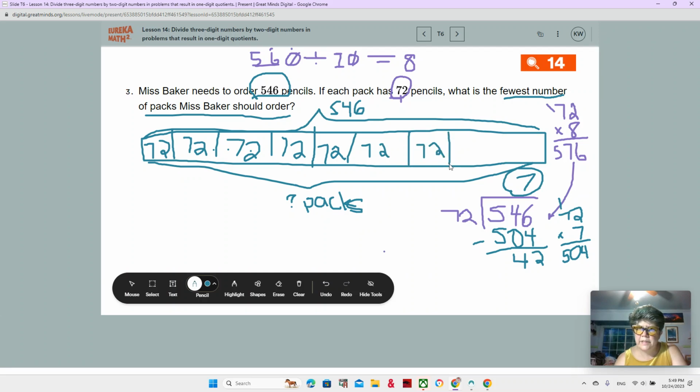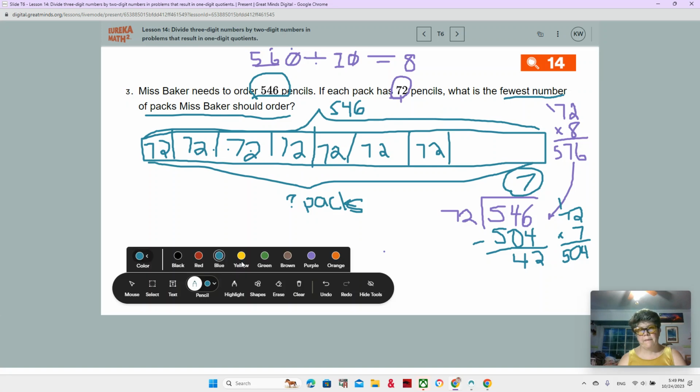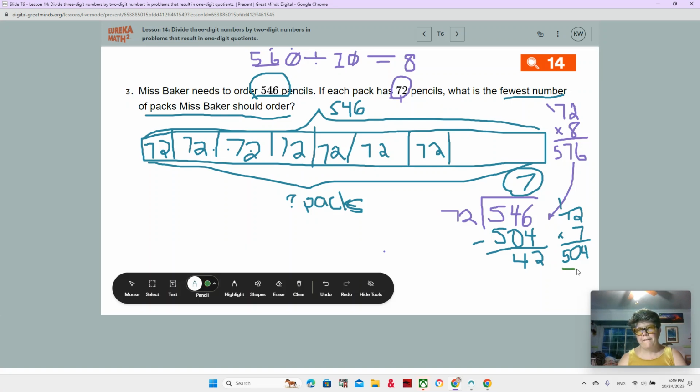Now, is that going to give her 546 pencils? 7 packs of 72. Think about that. It's going to only give her 504 because there's 42 pencils left over. But remember, she needs that 546 pencils. One pencil for every kid in the school or something like that, right?